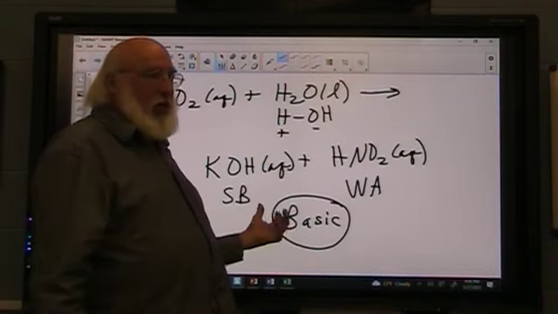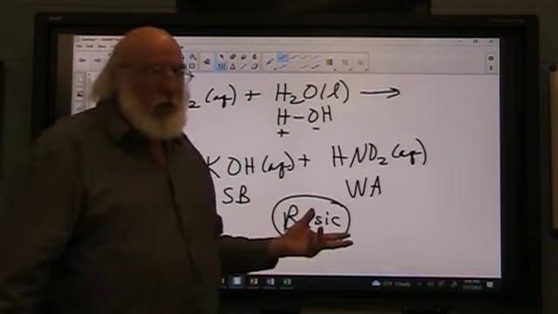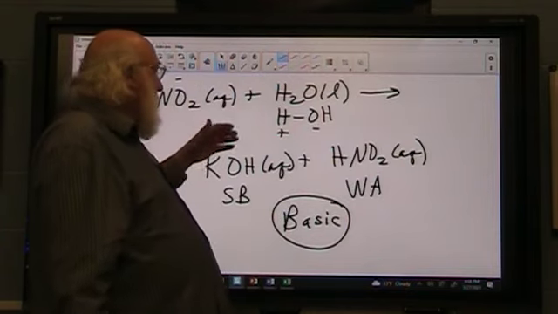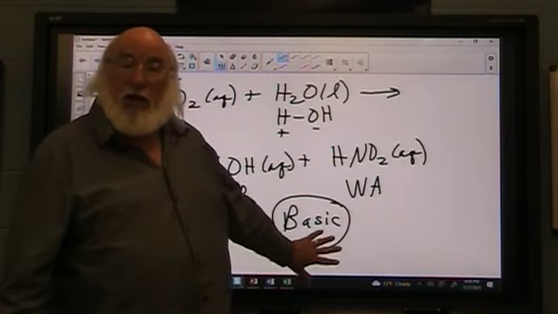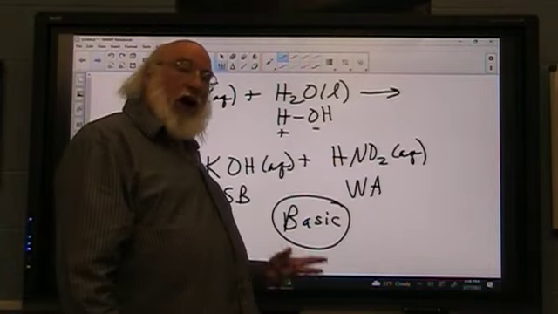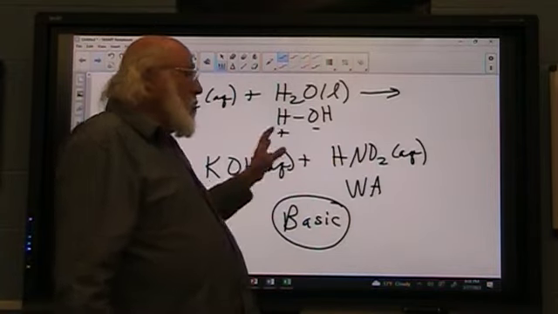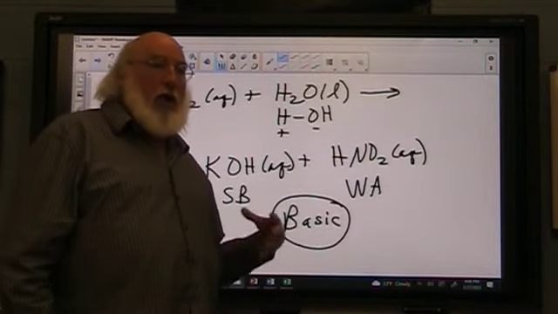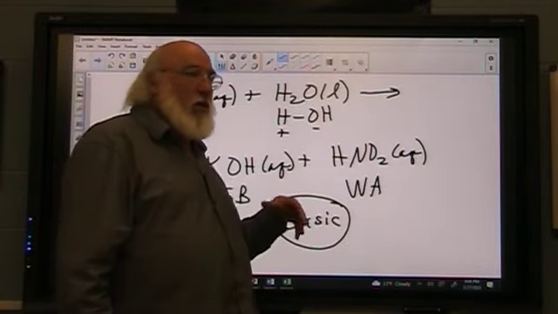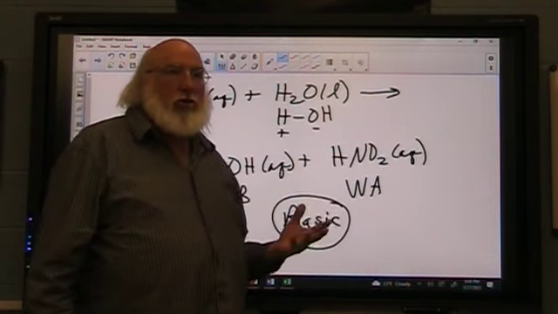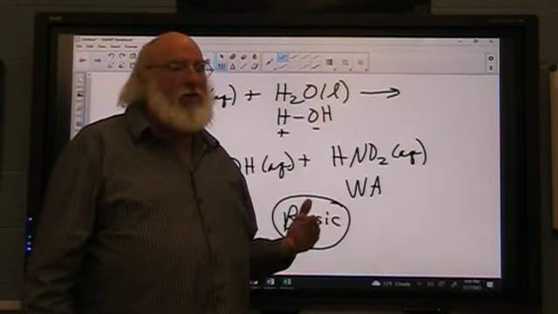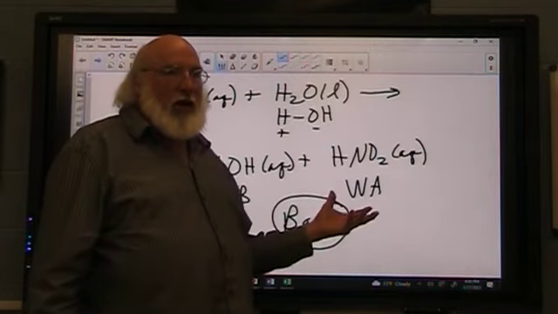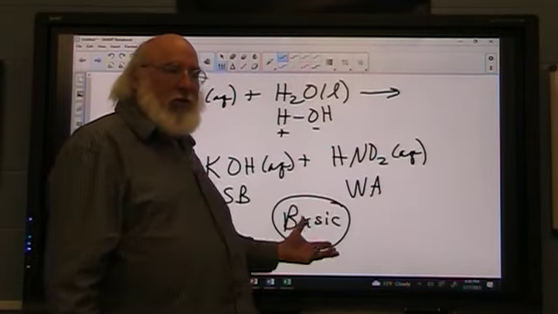Now the one that we didn't talk about, well there's actually two that we've not talked about. One is if we had a strong acid and weak base, then this would have been acidic. The fourth option is a weak acid and weak base, but because we haven't really discussed and will not discuss in Chem 1 the way to measure the strength of a weak acid or weak base, we cannot come up with a great understanding as to whether the solution can be acidic or basic.